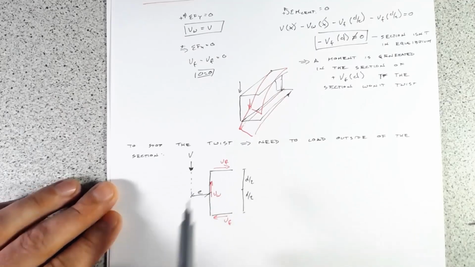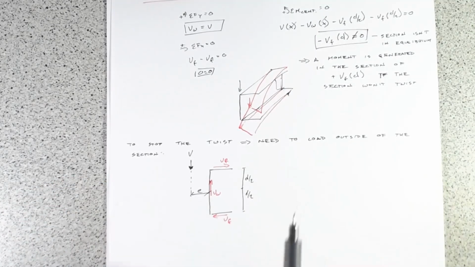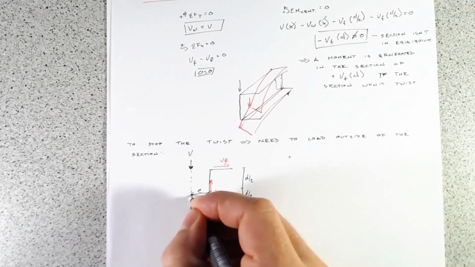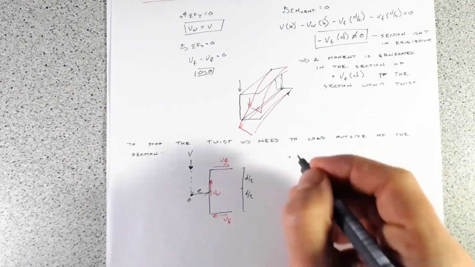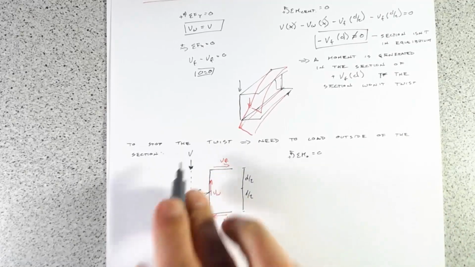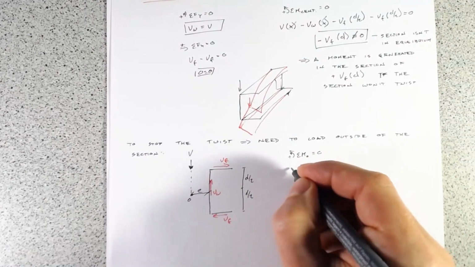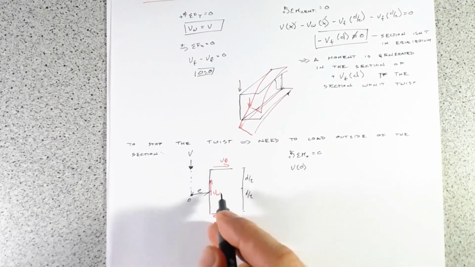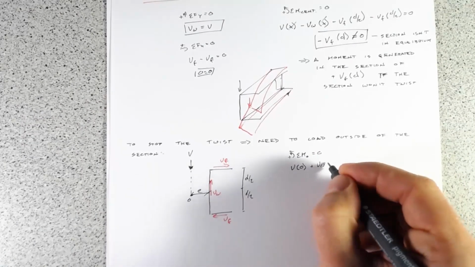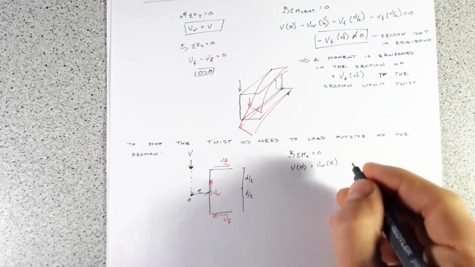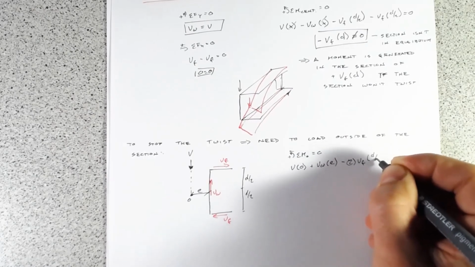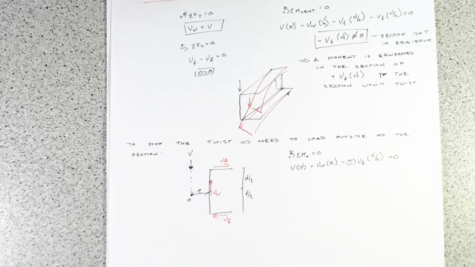D over 2. We already know the forces are in equilibrium, so let's look just at the moment. I'm just going to call this point here O. Sum of the moments at O equals 0. That way we can cancel out our shear. So we have our applied shear times 0 distance, then plus V sub W times E, minus 2 times V sub F times D over 2, equal to 0.